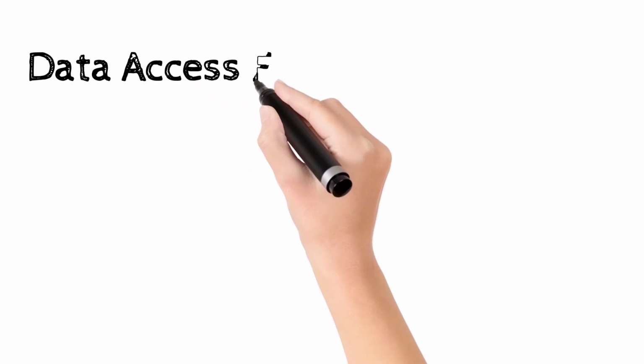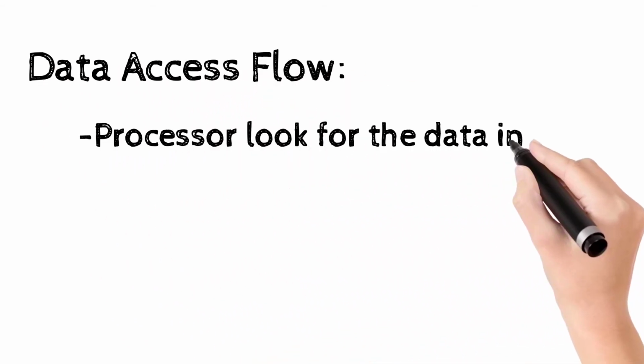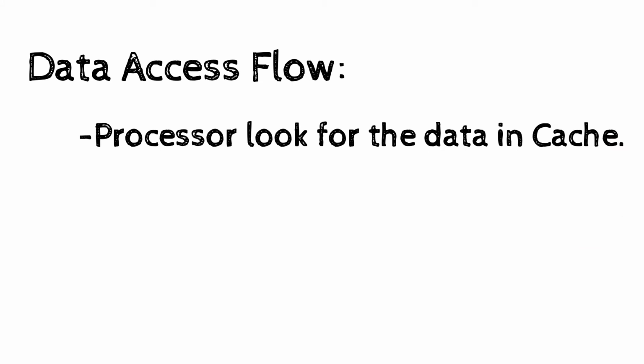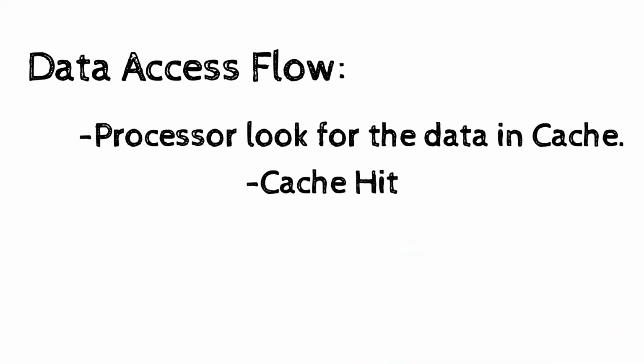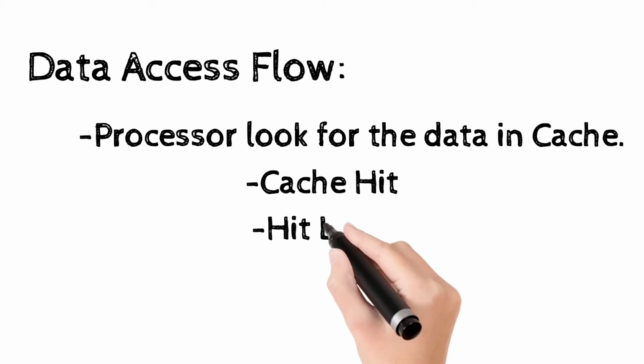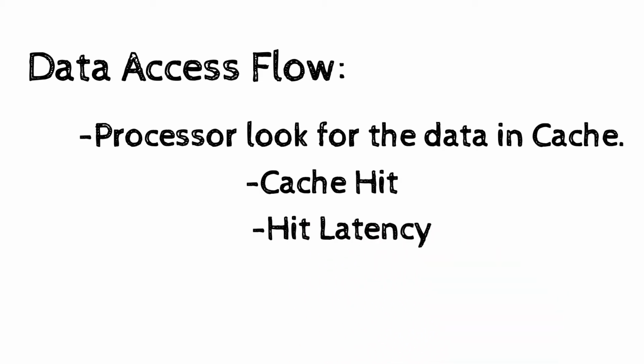Data access flow. The processor looks for the data in cache. If data is available in cache, it is called a cache hit. The time taken to find out whether the data is available in cache is called the hit latency. If the data is not available in cache, it is called a cache miss.